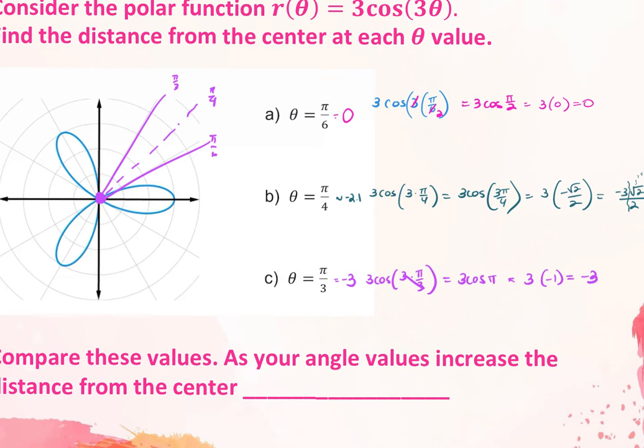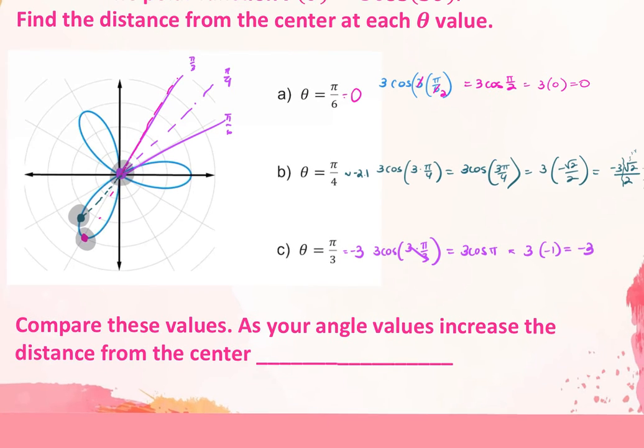Pi over 4 is negative 2.1, so I'd go in the opposite direction, 2.1, which is that point. And then pi over 3 was negative 3. Pi over 3 is this, right? I go in the opposite direction to 3, and that's that point. So this was my pi over 6. This is my pi over 4, and that's my pi over 3.